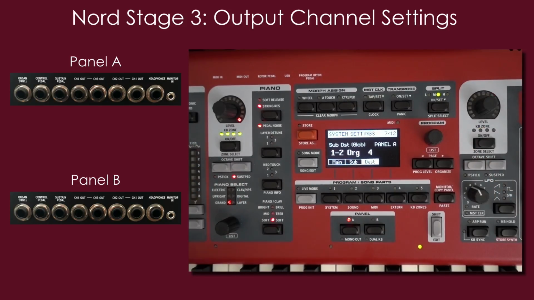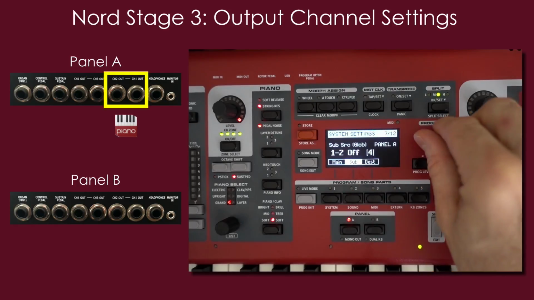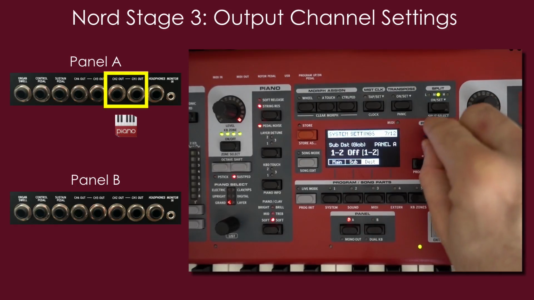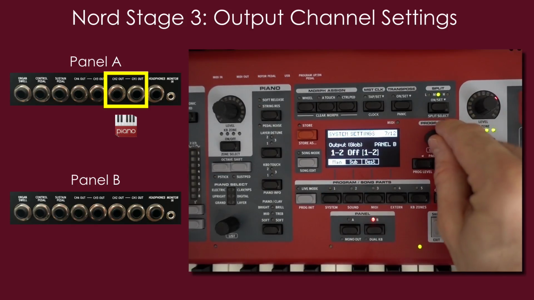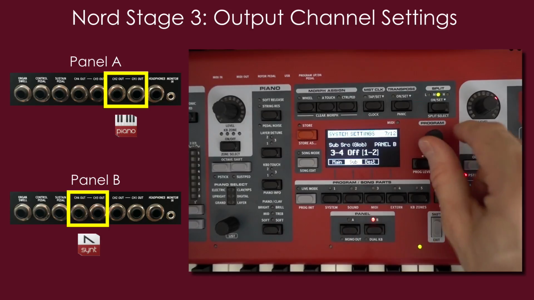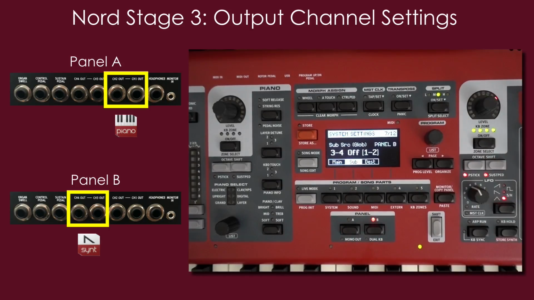So now on Panel A, I have just the piano going out of 1 and 2. Let's just take off this sub for a second and put that back to the default settings. So piano is going out of 1 and 2 on Panel A. Panel B, we want to say that the synth is going out of 3 and 4. And we'll turn the sub off and all that. So that's sort of a simplified setting.